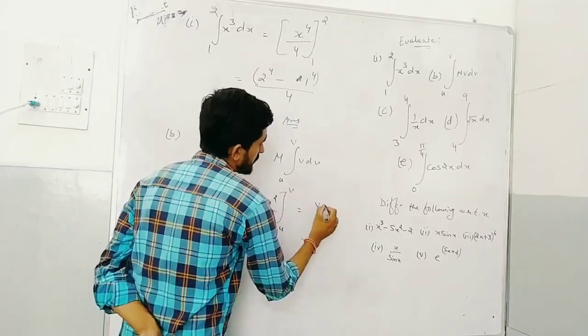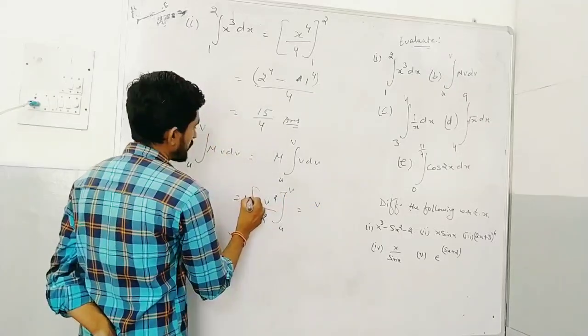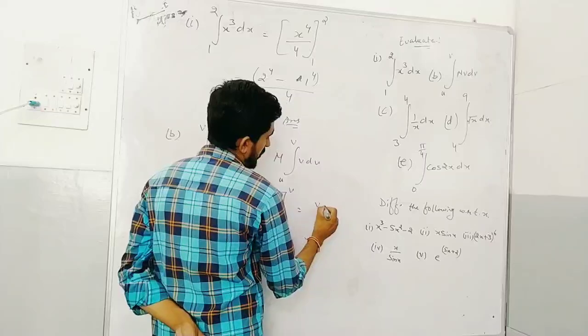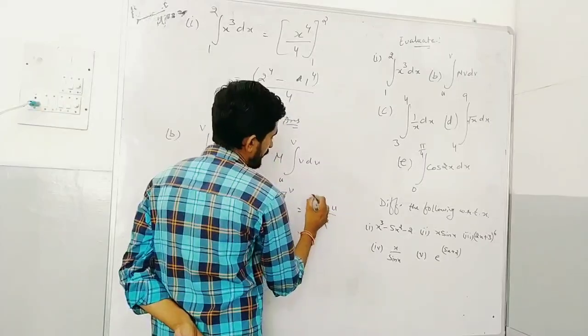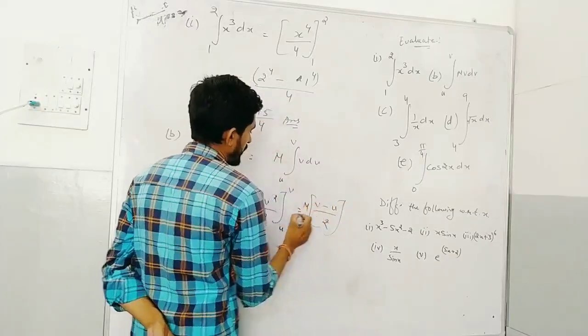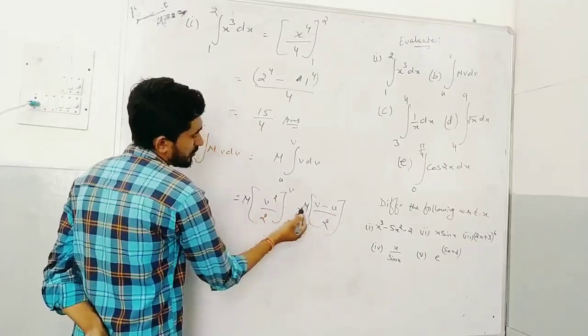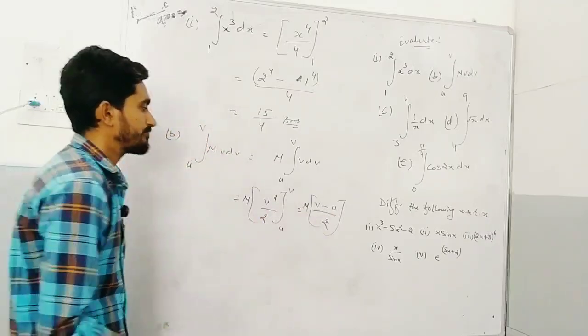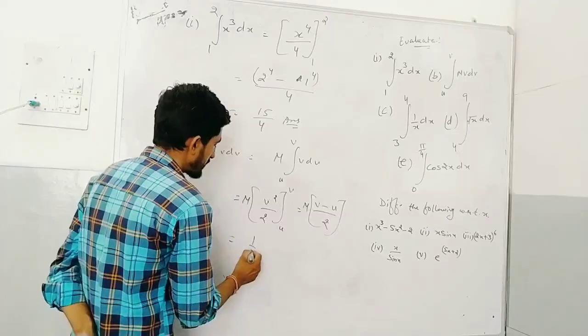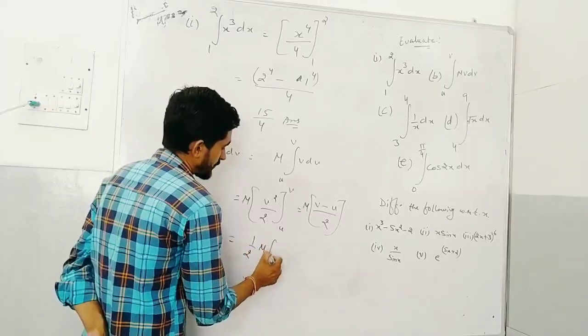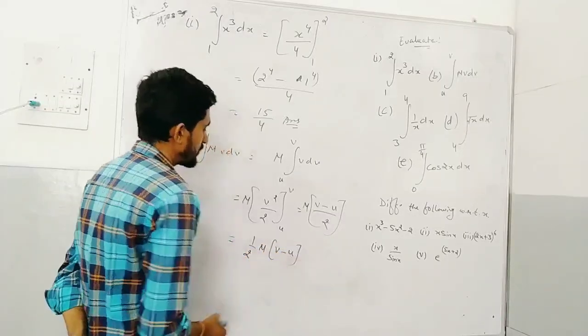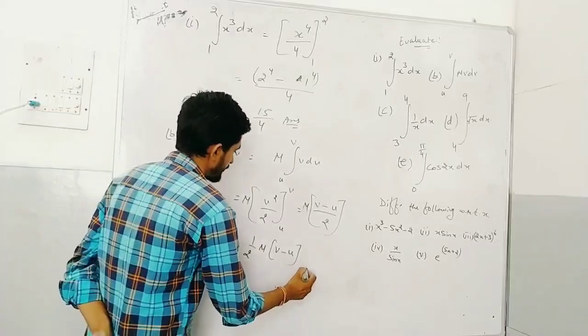And the final answer, m is also there, so m into (v square minus u square) upon 2, upper limit minus lower limit, that is half m v square minus u square is the answer for B part.